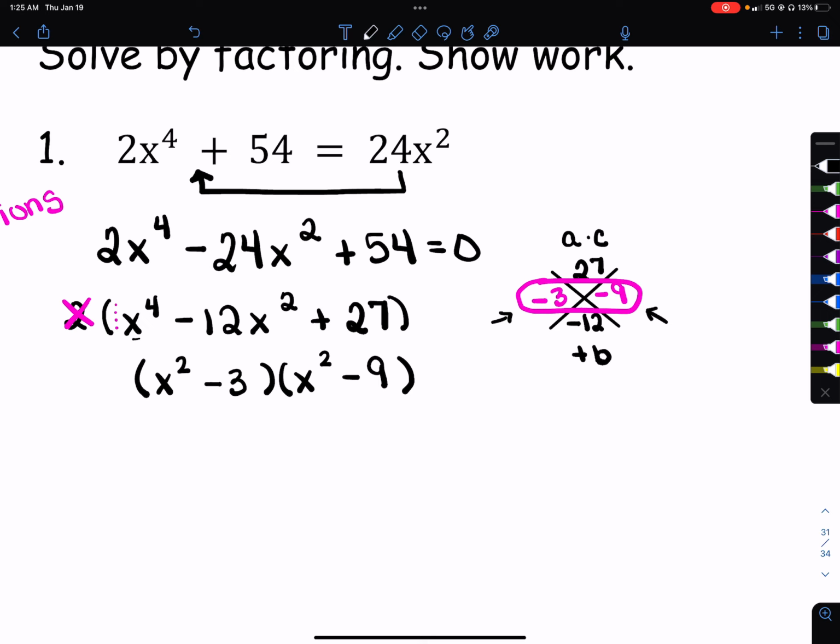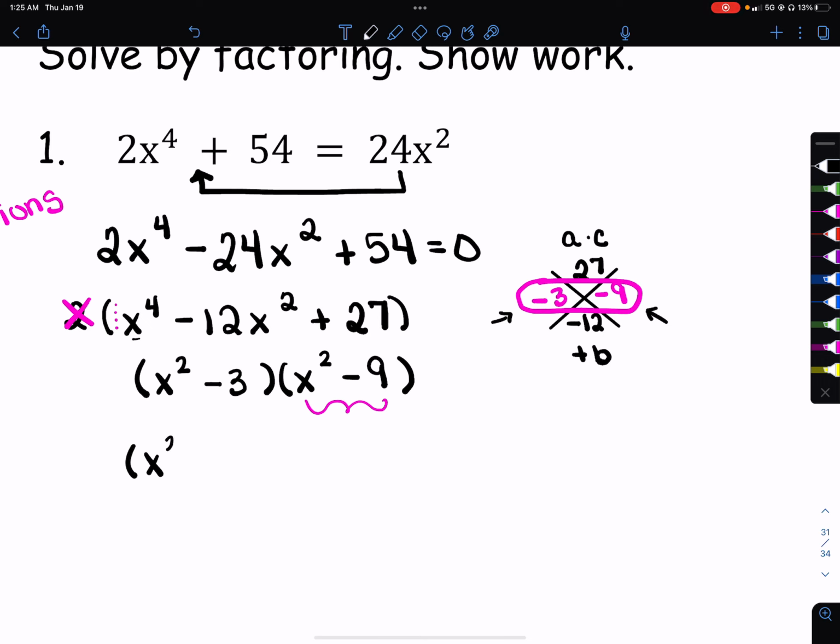All right, now I'm going to look at this first polynomial. This first polynomial here, since it is not a difference of perfect squares, I can't factor that any further. So that one's going to stay left alone. X squared minus 9. This one is a difference of perfect squares, so that one I can factor further.